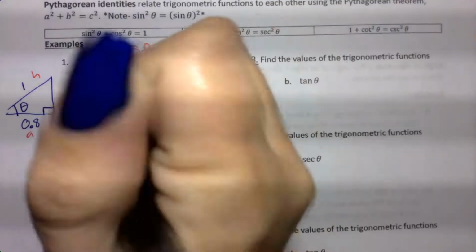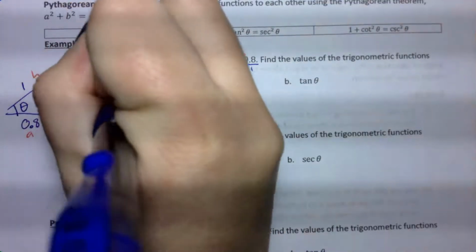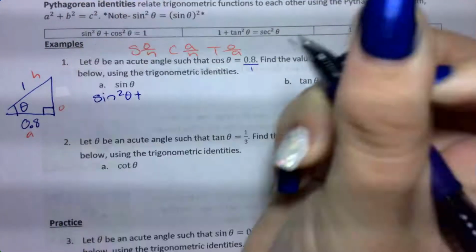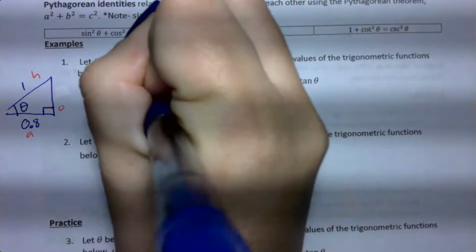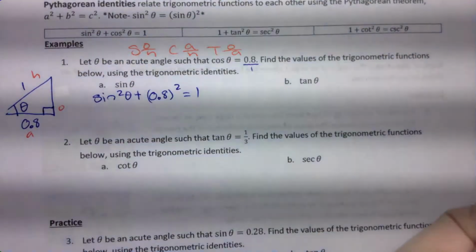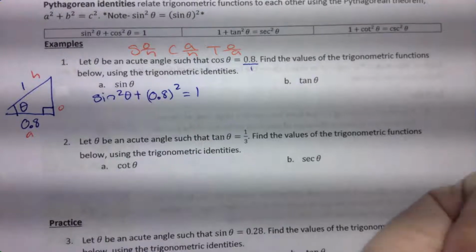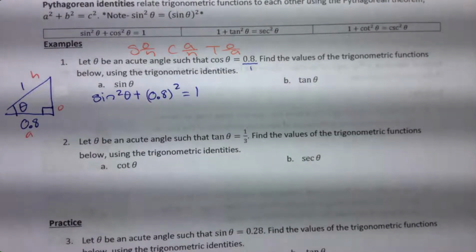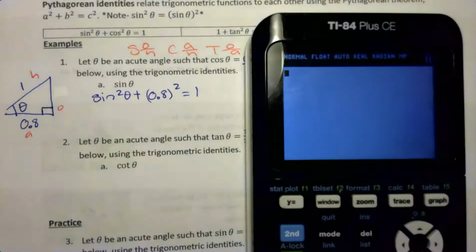So I don't know what sine squared is, but I do know cosine is 0.8, and I want to square this, and it should equal 1. So if I go ahead and get my calculator out, 0.8 squared is 0.64.